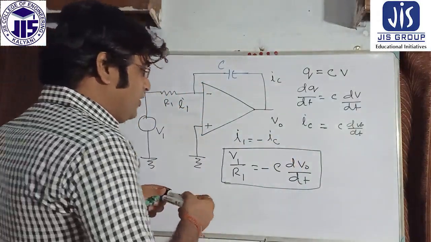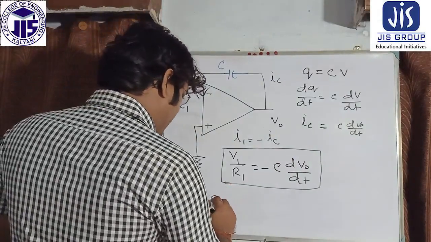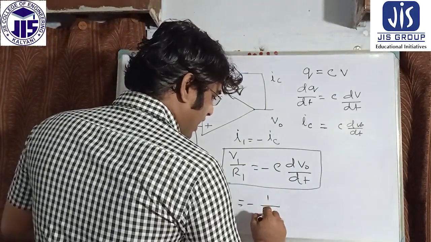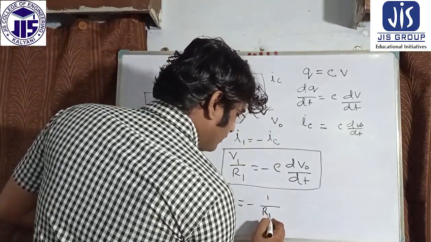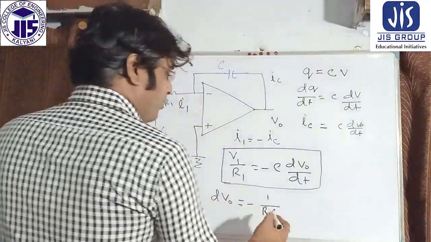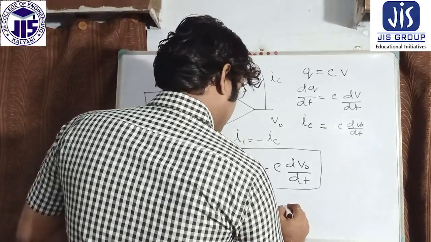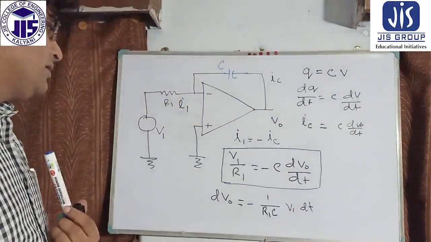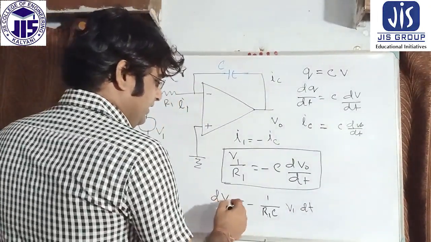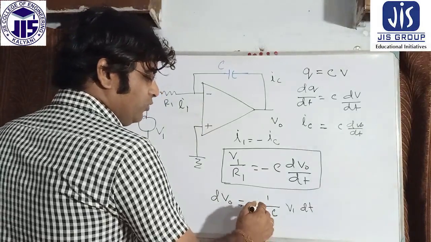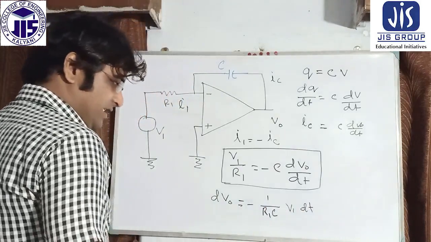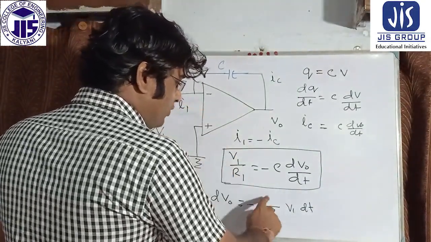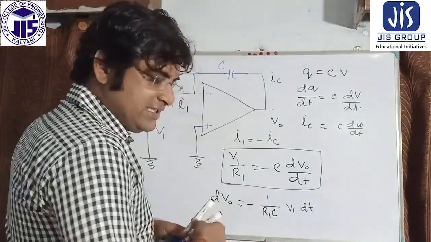So what we can do is write dV0 equals minus 1 by R1C times V1 dt. So this is the representation of dV0, which equals minus 1 by R1C times V1 dt.